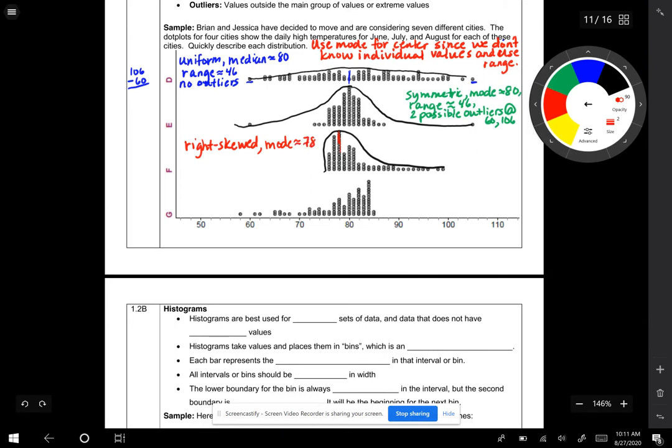The range, you have 100 here, 76 here. So range is 24. And then lastly, no outliers.